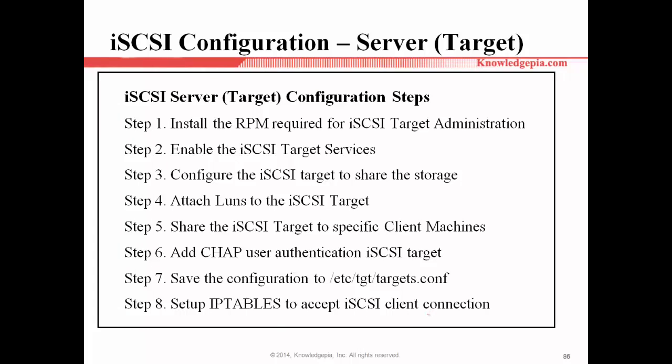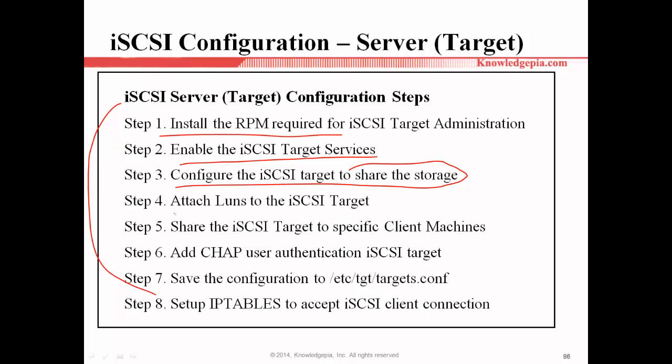First, iSCSI configuration on the server, the target, okay? So here there are 8 steps to configure the iSCSI target. Install the package, enable the service, configure the iSCSI target to share the storage and the LUNs, and after that share this target to the client machine.